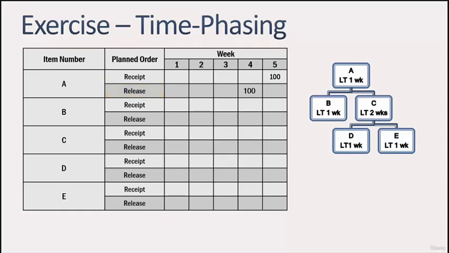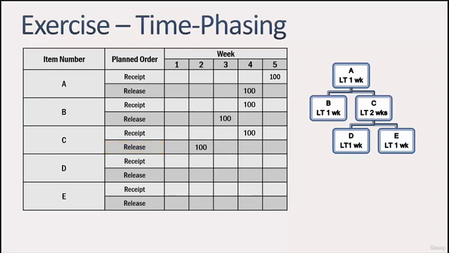According to the bill of material, item B and C must be available to make item A. MRP will schedule an order receipt for 100 pieces of item B and 100 pieces of item C in week 4. Based on item B's lead time of 1 week, an order release for 100 pieces is scheduled by MRP in week 3. Based on item C's lead time of 2 weeks, an order release for 100 pieces is scheduled by MRP in week 2.